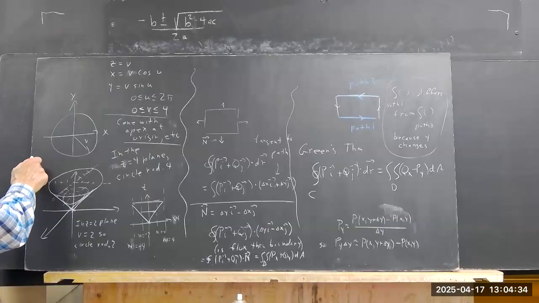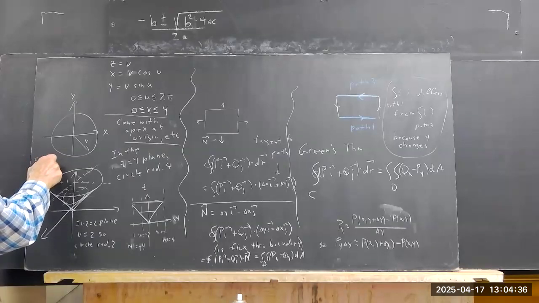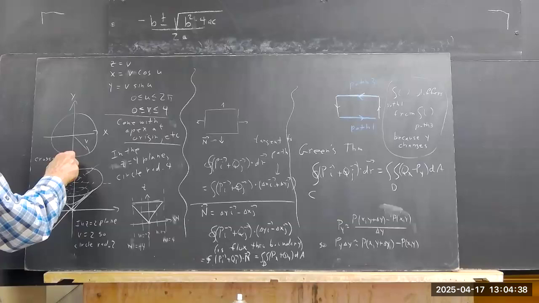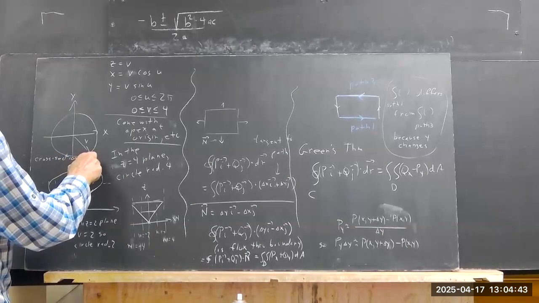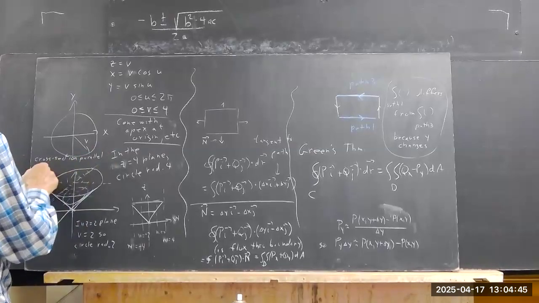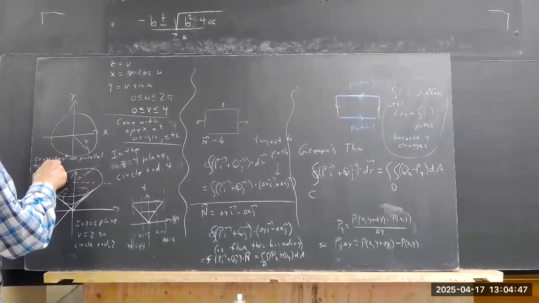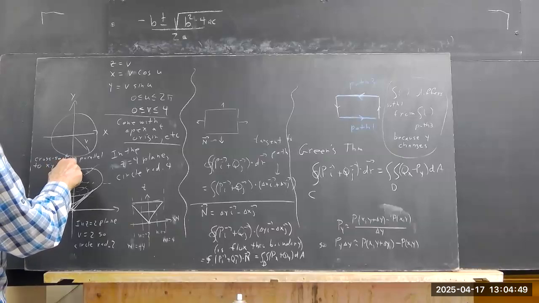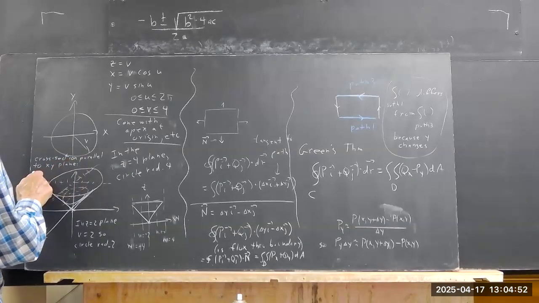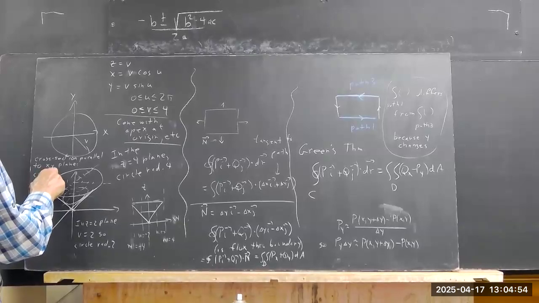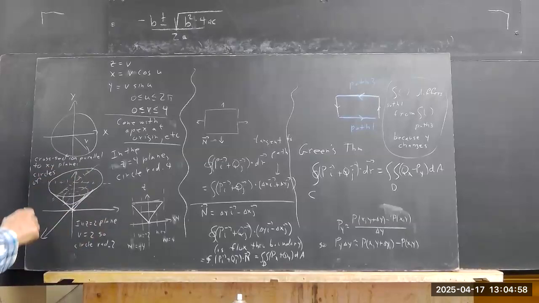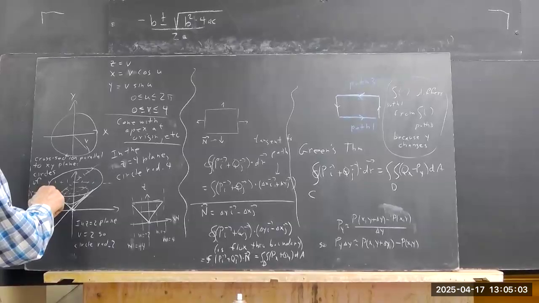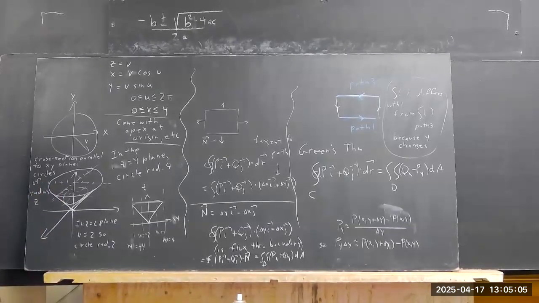Cross sections. Those cross sections parallel to the XY plane are circles of radius z.